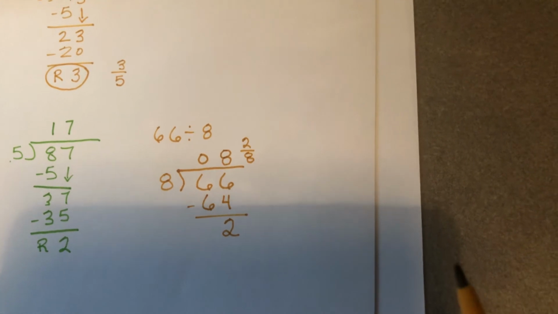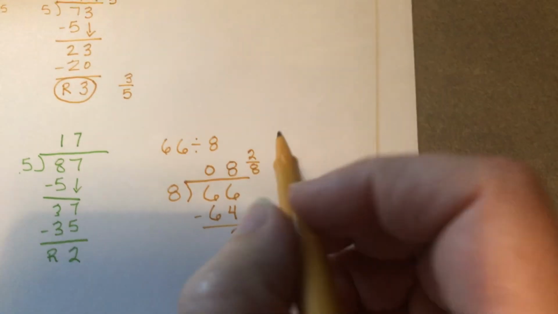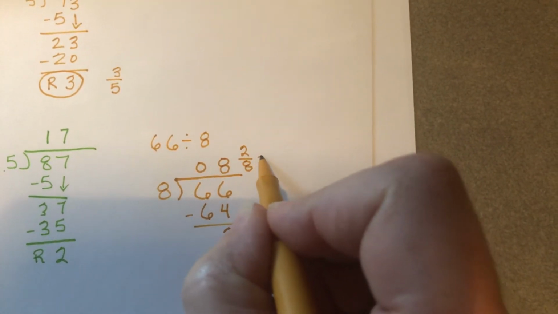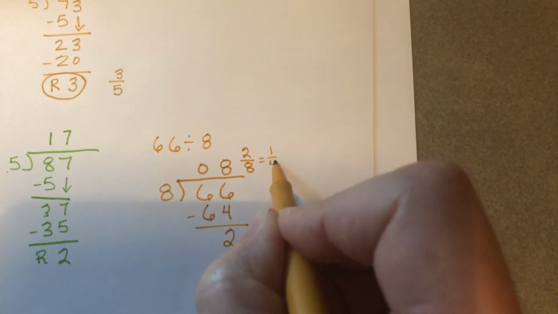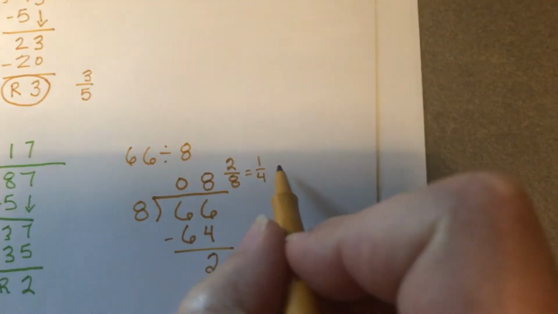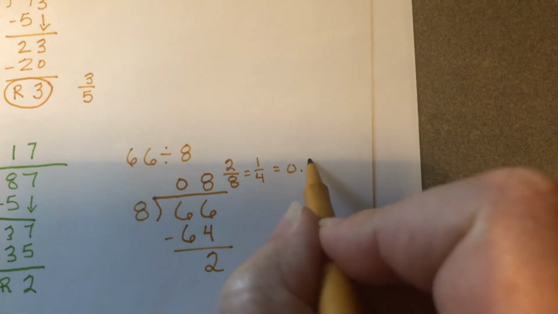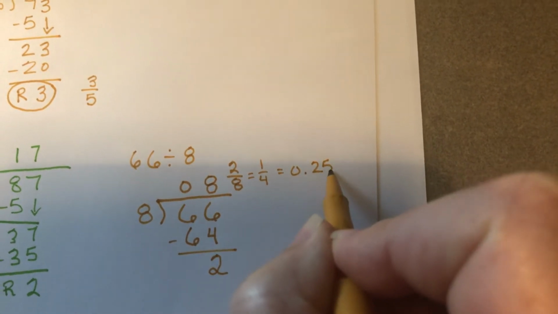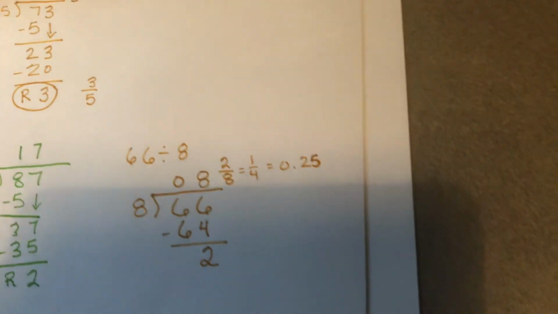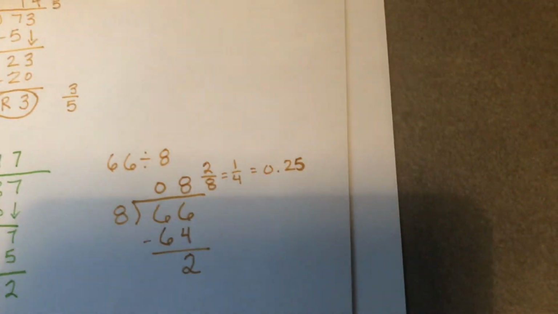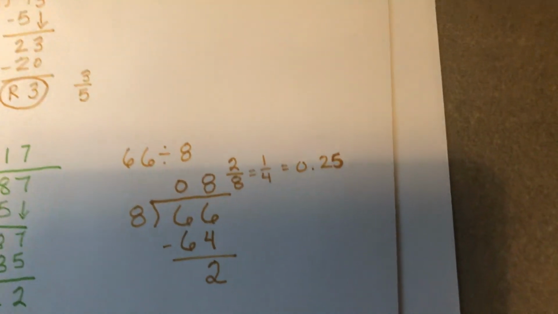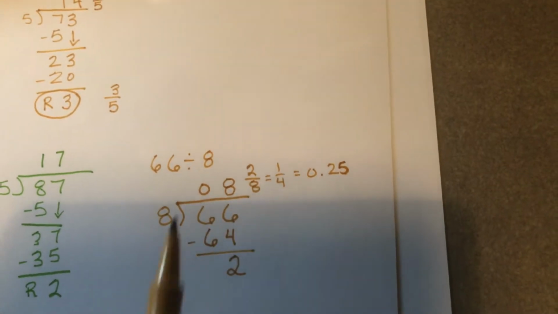If we wanted a decimal, 8 and 2/8, well, 2/8 is equivalent to 1/4, and 1/4 as a decimal is equivalent to 0.25. Right? So if we were trying to see how many tickets, if it went evenly, it'd be 8.25.